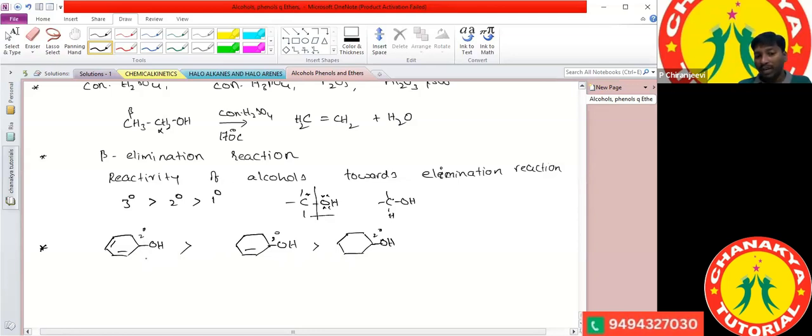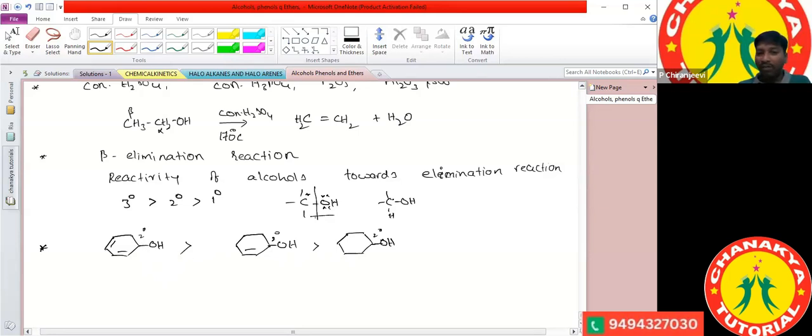If the bond is cleaved, what happens here? The formation of the product also we can explain by the stability of the carbocation. Reactivity also is explained based on the stability of the carbocation.